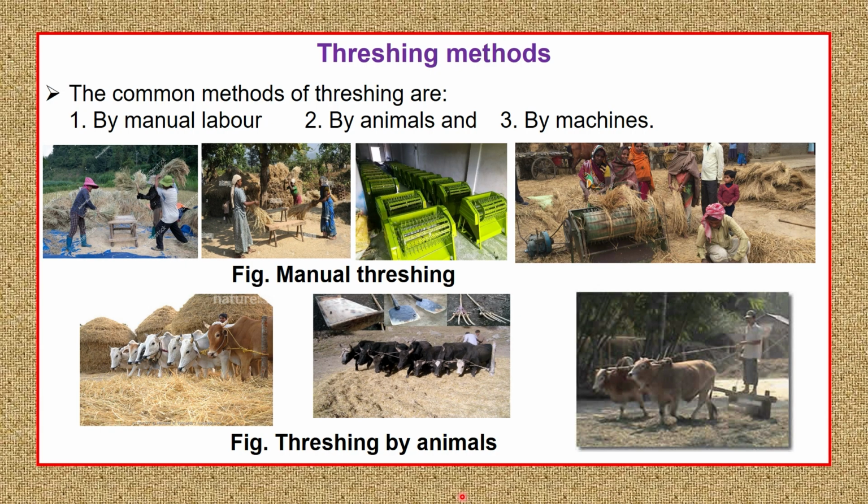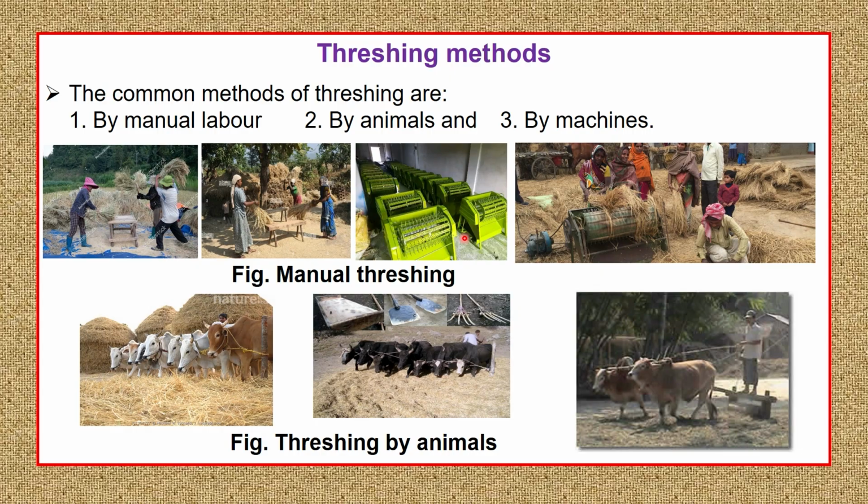The hard surface may be a table, as you can see in the first pictures in the first row, or they may hit it over a stone, or they can use machines that are manually operated, or that equipment may be power operated.